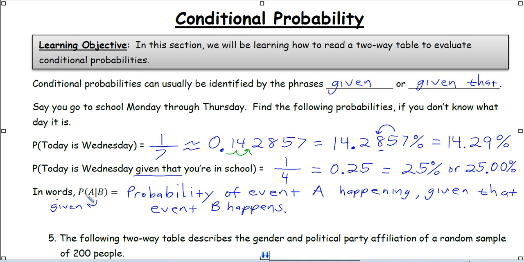So the probability of A given B says the probability of event A happening given that B happens. And there's other ways to word it. We could say if B happens, what's the probability of A happening? So there are different ways to reword this.